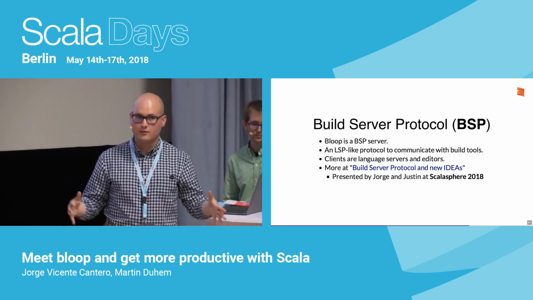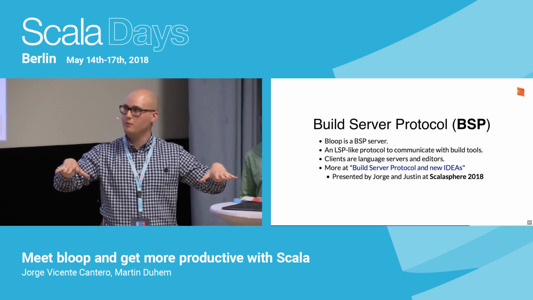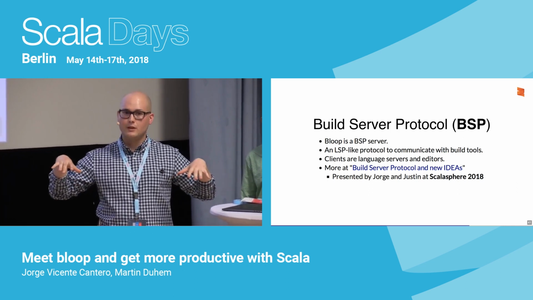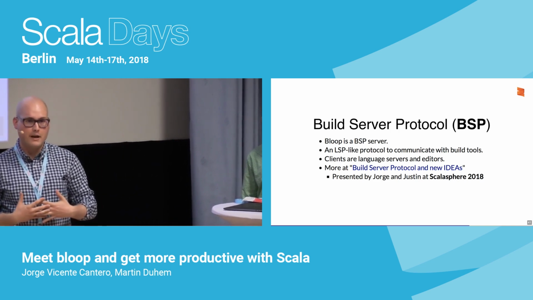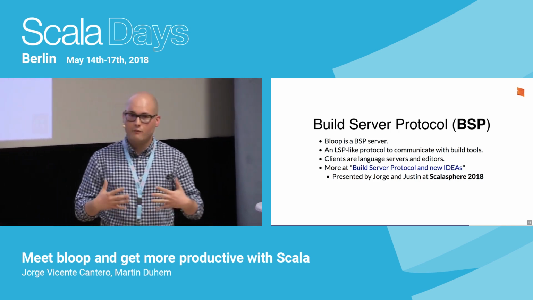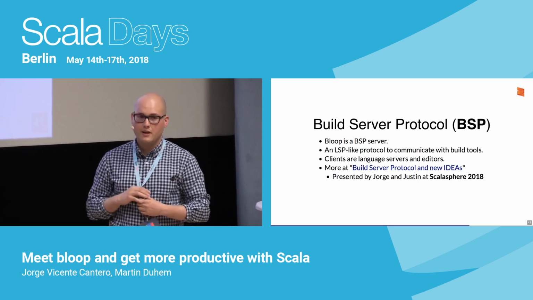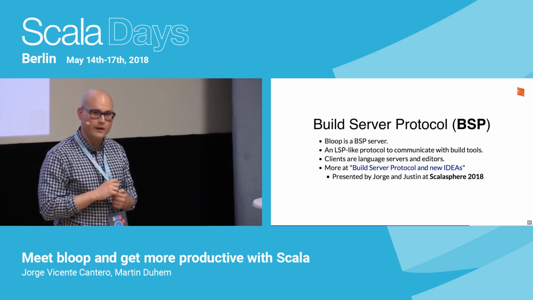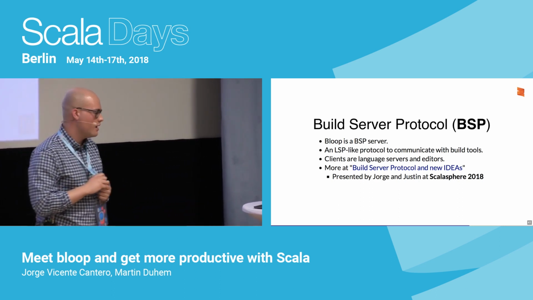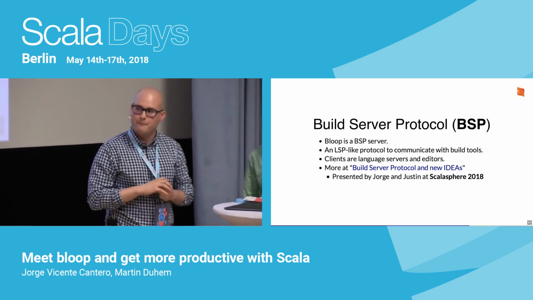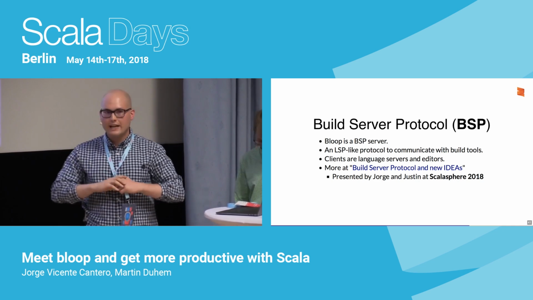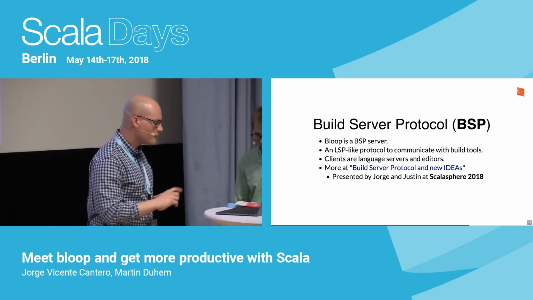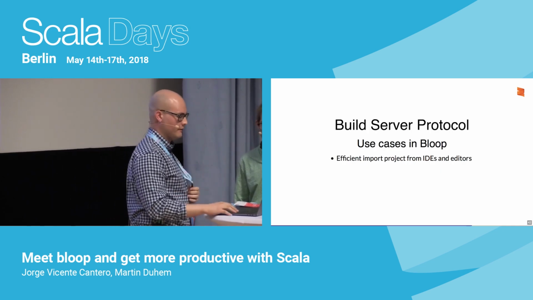It is important to notice as well that BSP is completely independent of Bloop, and it happens to be implemented in Bloop first because it makes a very good testbed for testing whether BSP is a solution or not. We're still in the process of experimenting, and it also makes it a very nice case because we can abstract over build tools. I'll dive a little bit deeper into that afterwards.